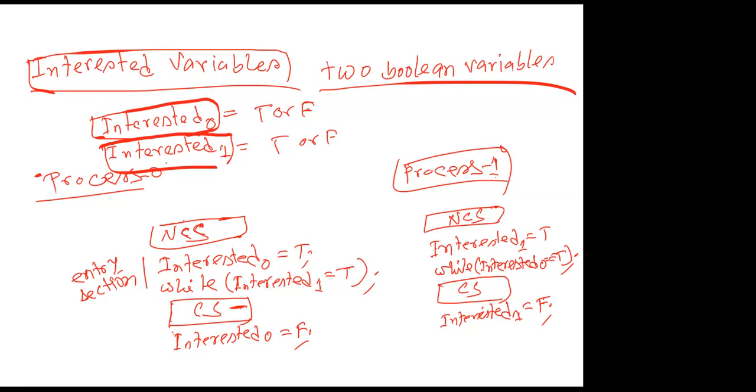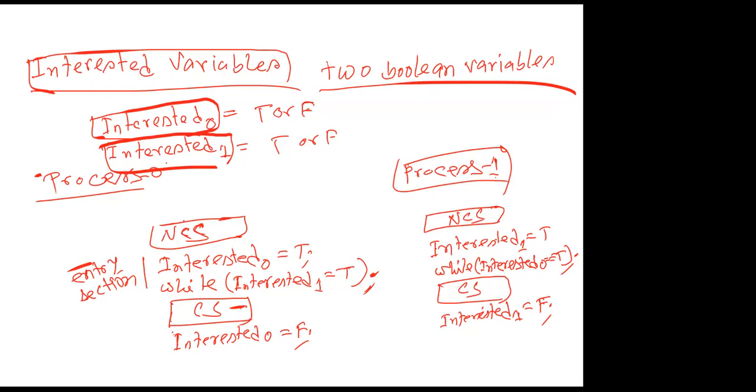Then, while executing the entry section code, it checks whether the other process is also interested. If the other process is interested, it stops here in the while loop.